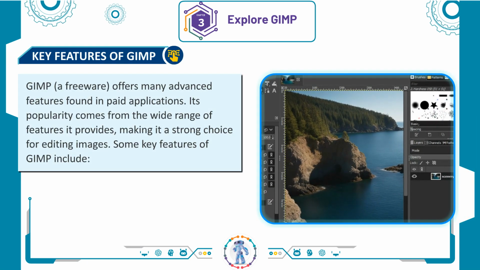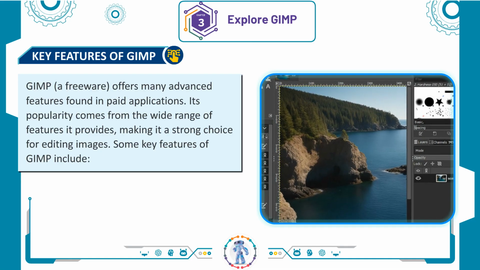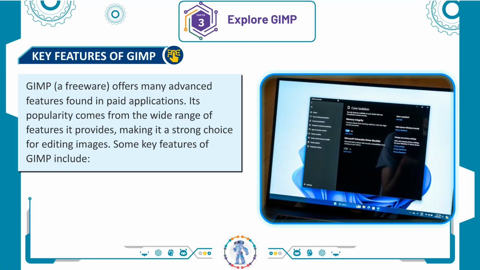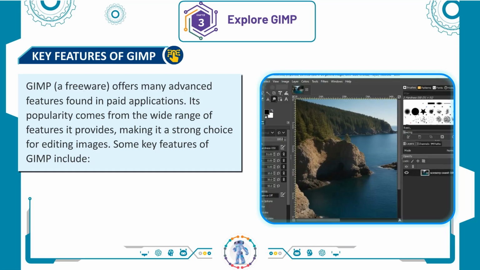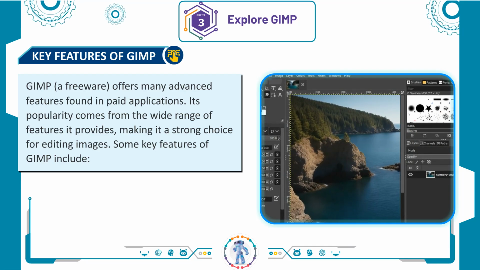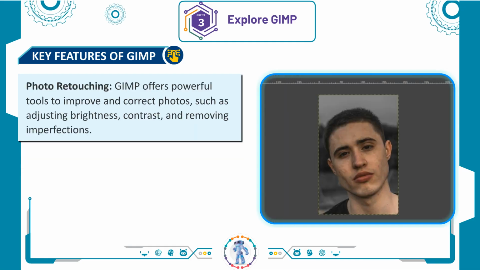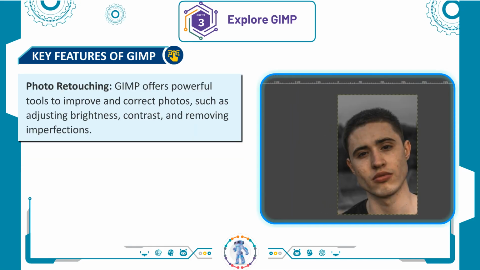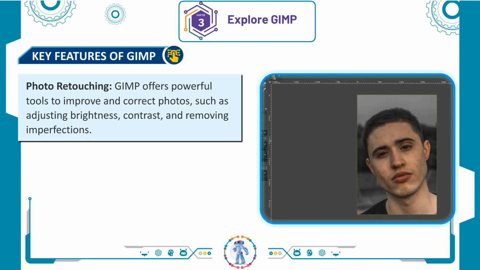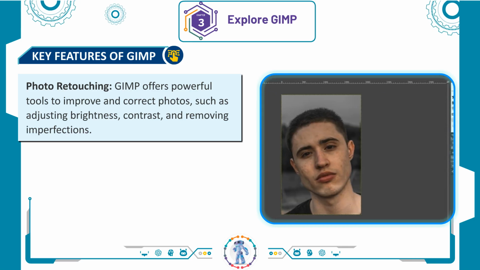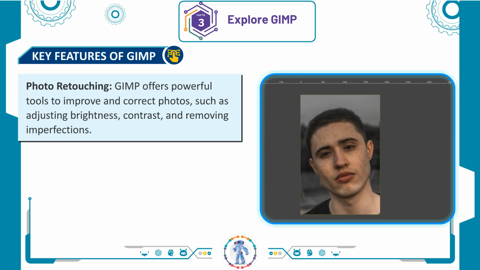GIMP, a freeware, offers many advanced features found in paid applications. Its popularity comes from the wide range of features it provides, making it a strong choice for editing images. Some key features of GIMP include photo retouching. GIMP offers powerful tools to improve and correct photos, such as adjusting brightness, contrast, and removing imperfections.